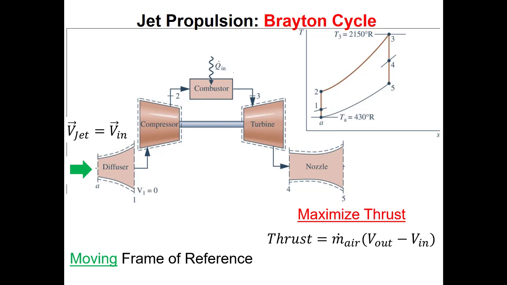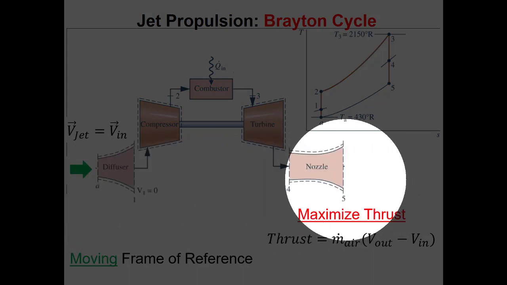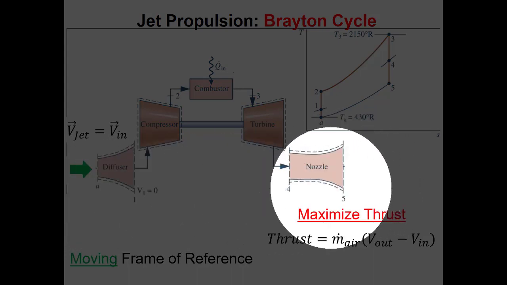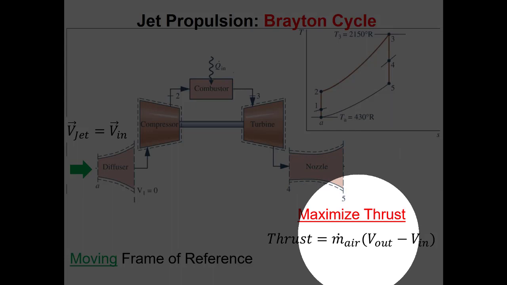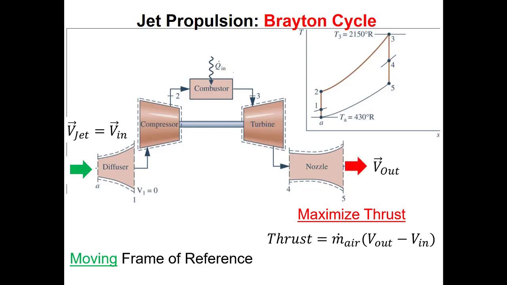The purpose of this whole system is to maximize the thrust. We want this outlet velocity to be as fast as we can make it so that we can get lots of thrust here. So kinetic energy is important at the inlet to the diffuser and at the outlet of the nozzle. In the center of our system is going to be this Brayton cycle.